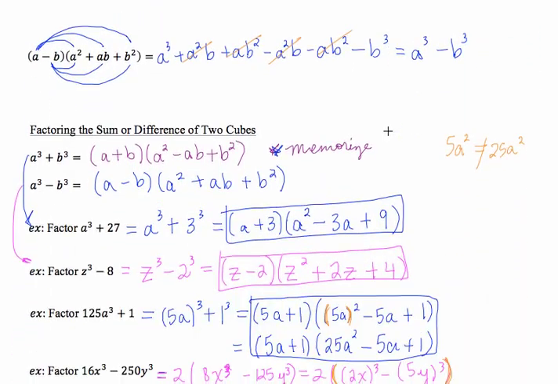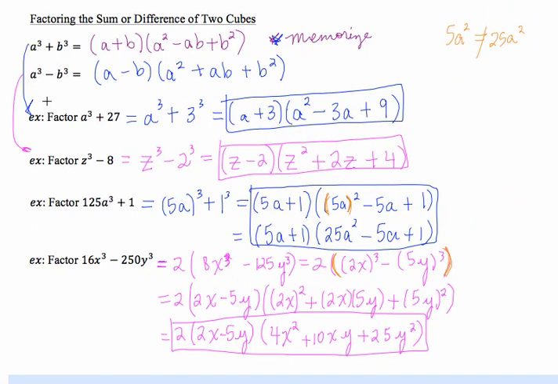And right here we have factoring the sum or difference of 2 cubes. a cubed plus b cubed factors into (a plus b) times (a squared minus ab plus b squared). Remember, make sure you do memorize both of these as I asked you to, so that you don't have to go look it up every time.